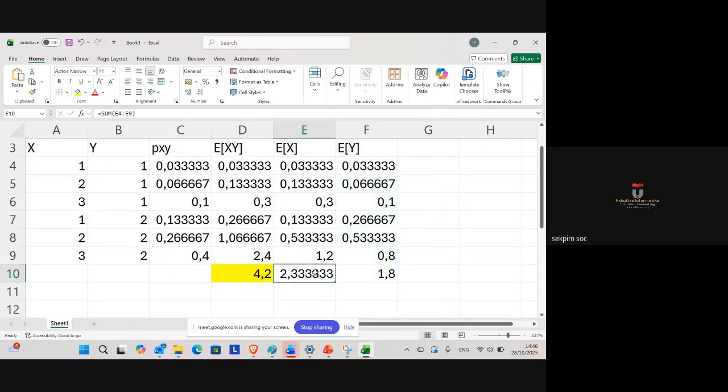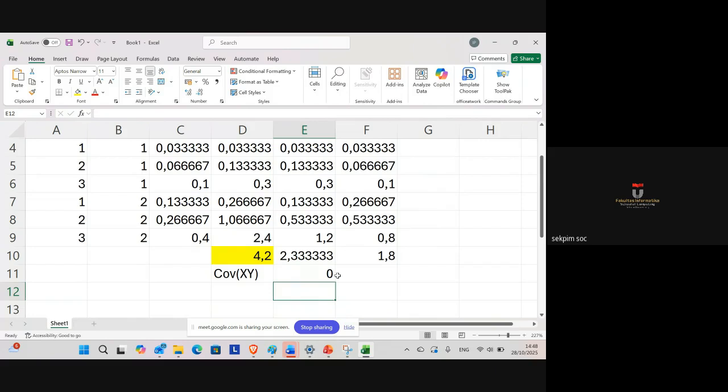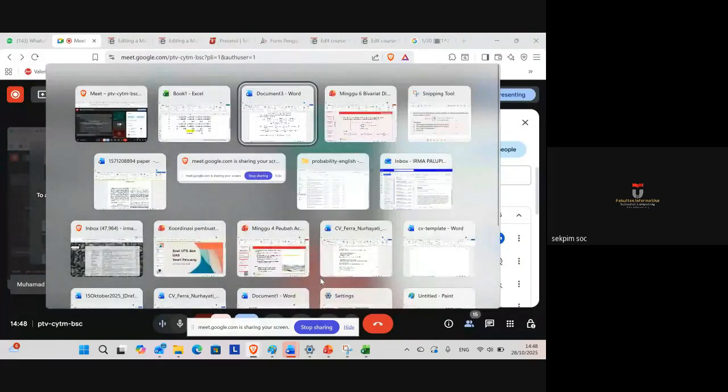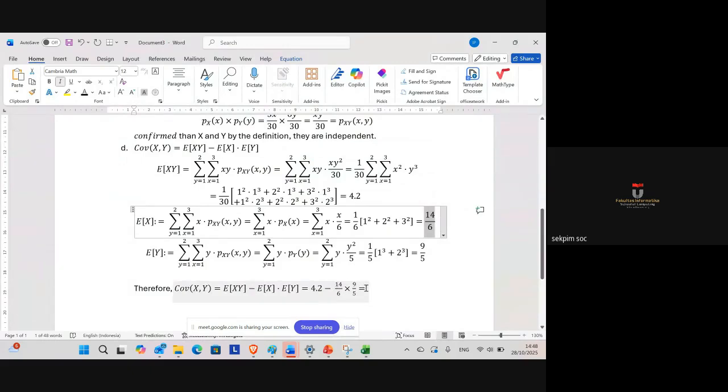Yeah, this is the expectation of x, this is the expectation of y, and the covariance of x, y equals the expectation of xy minus the expectation of x times the expectation of y. Now it is 0, right? I think that makes sense, right? So this one is 0.